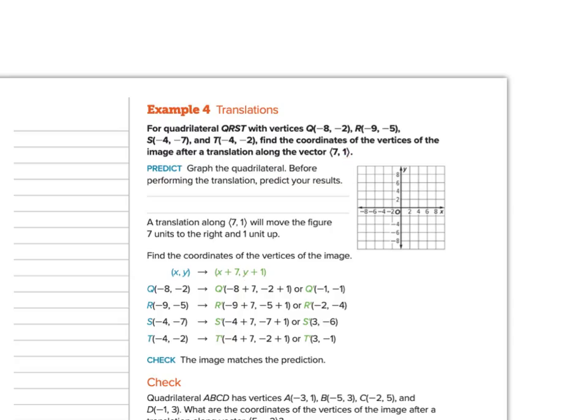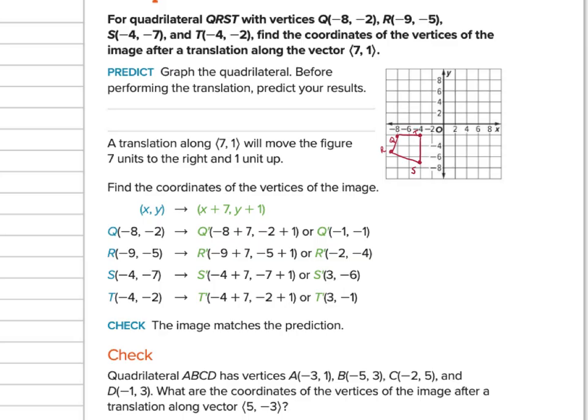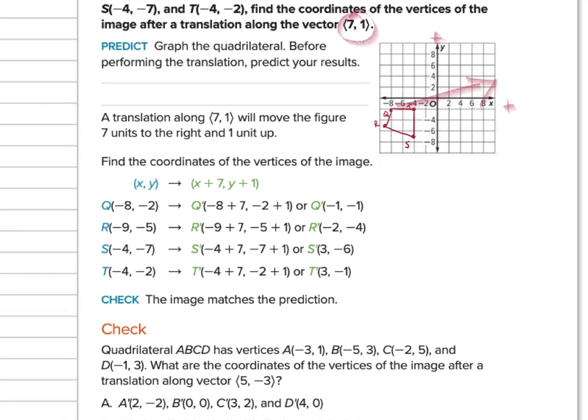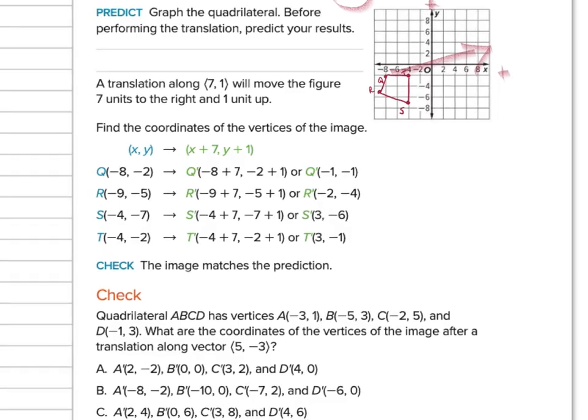They're telling me to graph the quadrilateral first. Okay, so now having graphed it, as I'm moving positive 7, positive 1, I know that I am going to be going this direction, right? Because my x values will be increasing and my y values will be increasing.